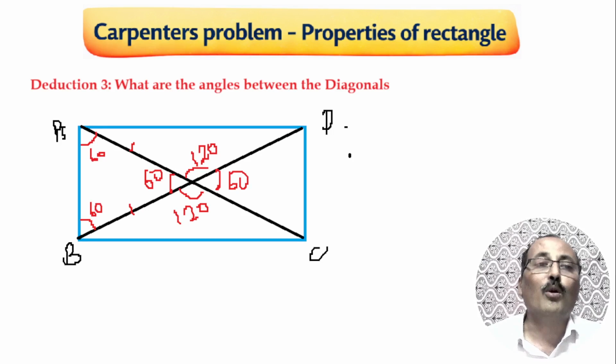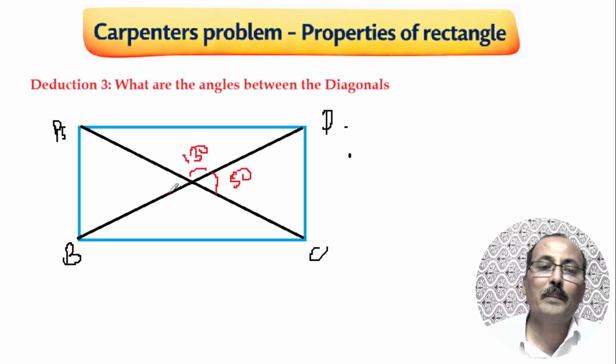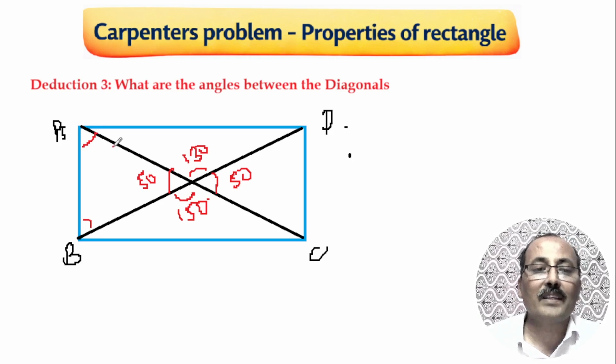Suppose you see here. If I consider this angle to be 50 degree, what will happen to this one? 130. This will become 50, and this will become 130. Then these two will be equal, so 180 minus 50 is 130, and 130 shared between the two will be 65 degree.